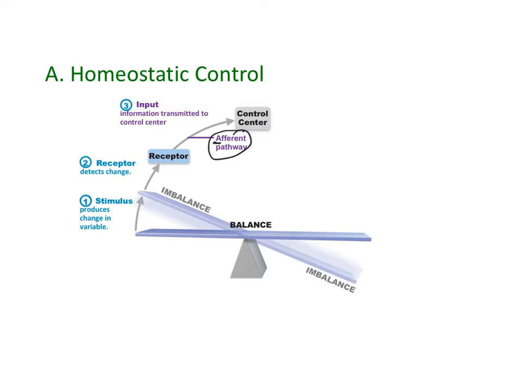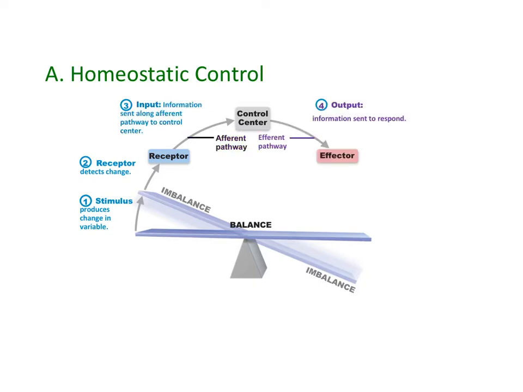So the control center detects that there's an imbalance and, to rectify that, sends a signal out through the efferent fiber or efferent pathway, which you would remember by exit, and that leaves the control center of the brain going to an effector where some tissue responds.